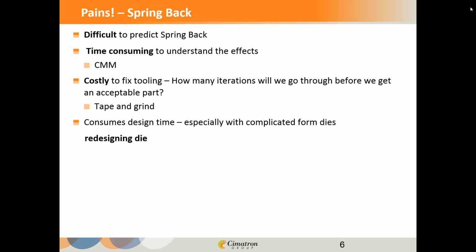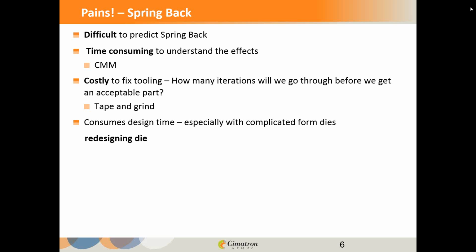Of course, I don't need to tell you why springback is a pain. It's difficult to predict how the part is going to snap away from the die steels. It's also a challenge to get the information you need. Typically, you'll put on a CMM and digitize points to try to understand how the part has moved. And then when you've done that, how do you adapt the tooling? How do you adjust the tooling to match it?